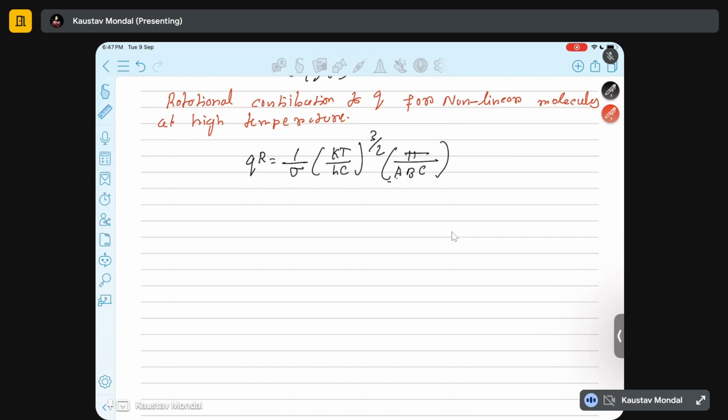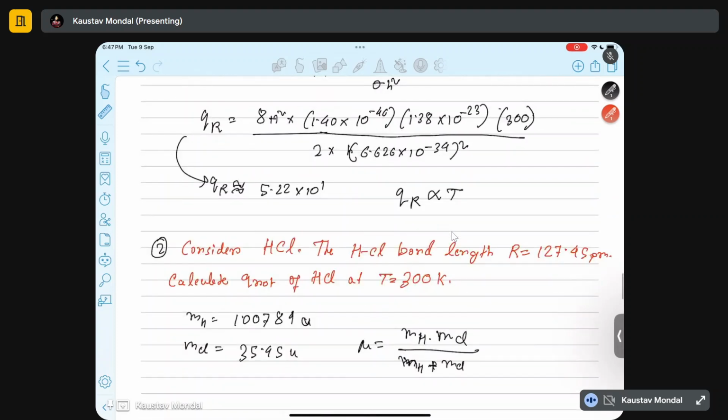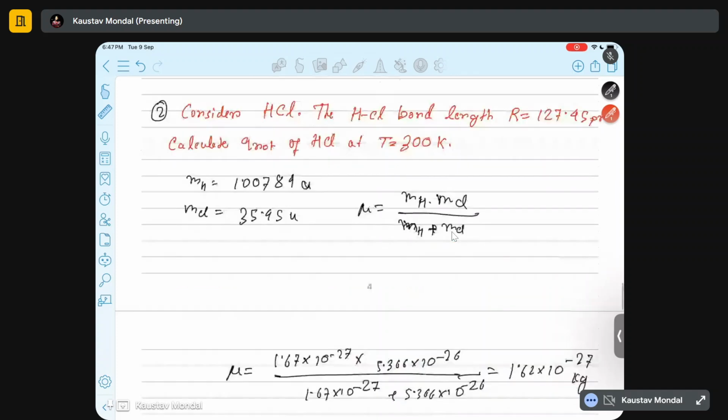So here what is ABC? Now for this value of ABC, there is no such formula using which you can calculate it.